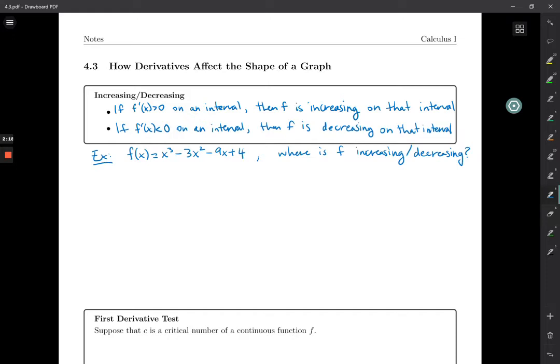Okay, and so the first thing that we do is take the derivative. So we just compute f prime of x, and that will give us 3x squared minus 6x minus 9.